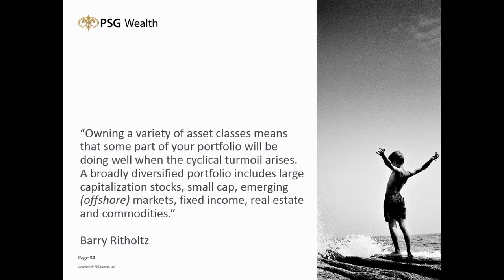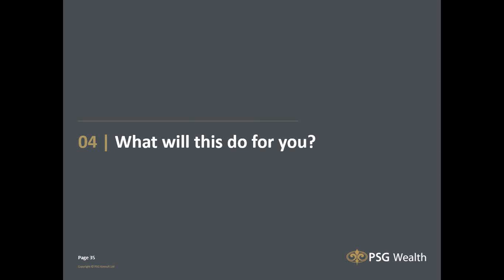And there's been a lot of talk about turmoil coming this year. "A broadly diversified portfolio includes large capitalization stocks," so it's big blue chip shares, "small caps, as well as emerging." Now, obviously, I put in brackets there offshore. So you want to have offshore exposure, "as well as fixed income, real estate, and commodities." So that's just a quote regarding different asset classes as a form of diversification.